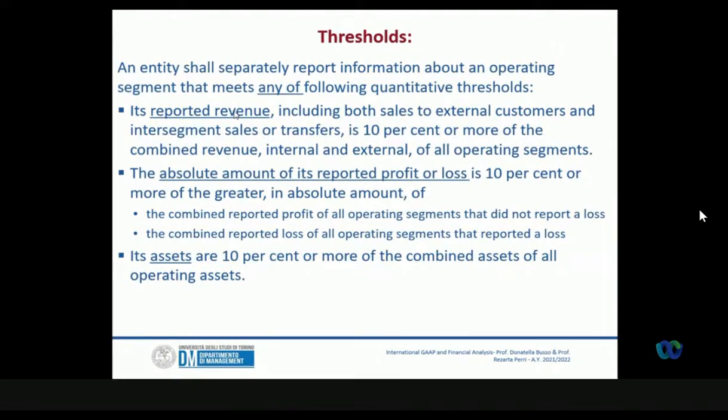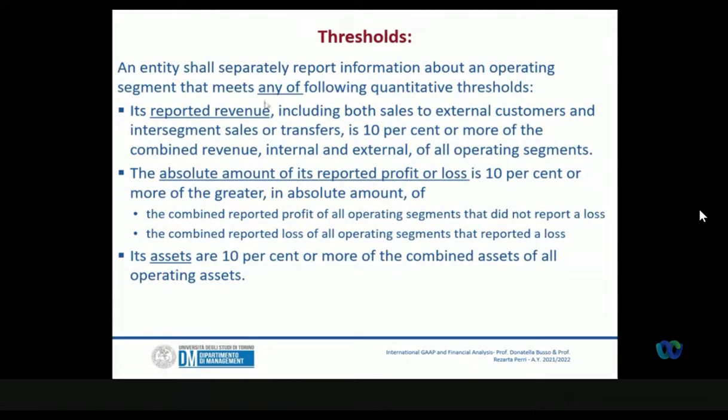Okay, so thresholds are three. Remember: revenue, profit or loss, or assets. Again, when taking into account all of them, remember that we follow an internal valuation approach. That means that they are not necessarily the total revenue, the total profit, or the total assets of the company itself.